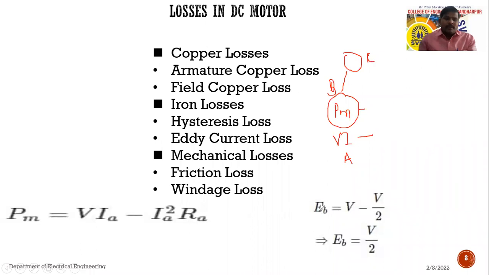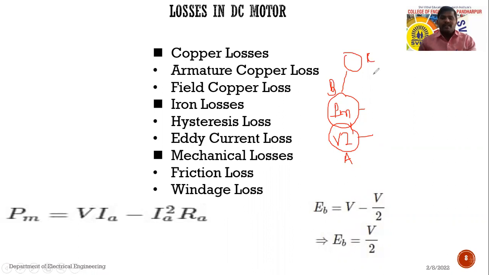Okay, the mechanical power is nothing but the input power V into I minus the copper losses due to the field winding and the armature winding, that is I square R loss. If I square R loss is subtracted from V into I, we get the mechanical power developed.